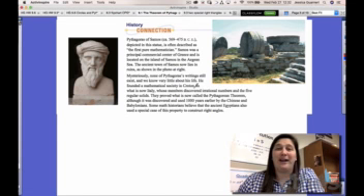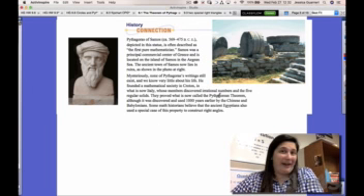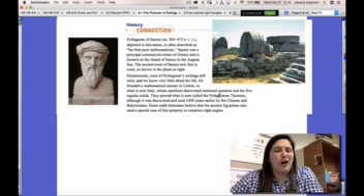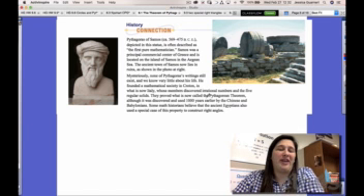We don't know a whole lot about Pythagoras' life, but the math society that he started is the society that proved what we now know as the Pythagorean theorem. The theorem was used far before that, over 1,000 years before, but Pythagoras and his math society were the first to actually prove it, and that's why it's called the Pythagorean theorem.